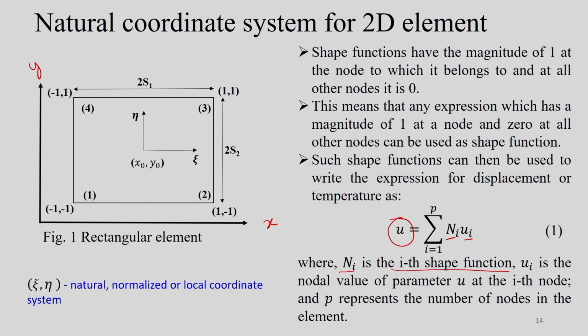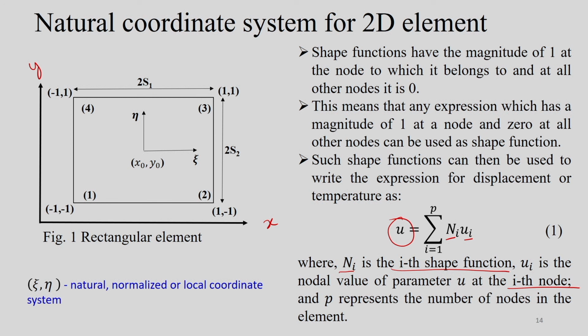So, u_I is the nodal value of the parameter u at the ith node, N_I is the shape function for that particular node, and p represents the number of nodes in that particular element. So, we are focusing on what is happening in one particular element, having p number of nodes.